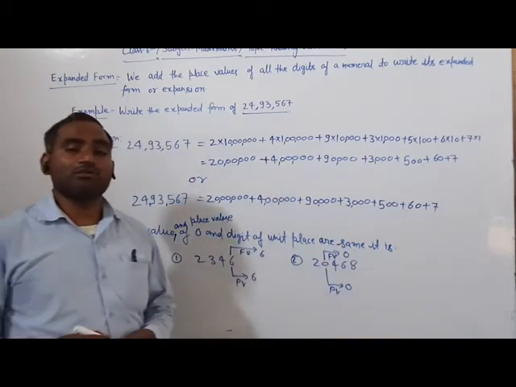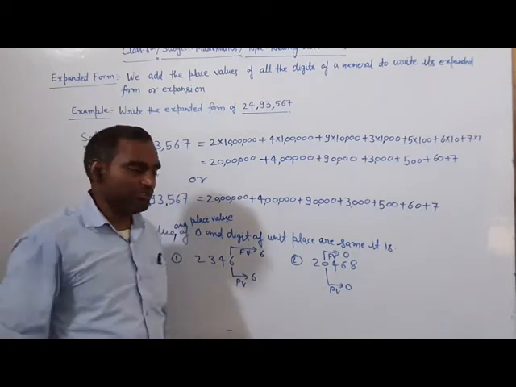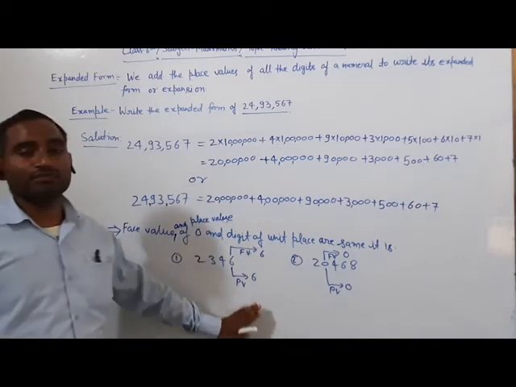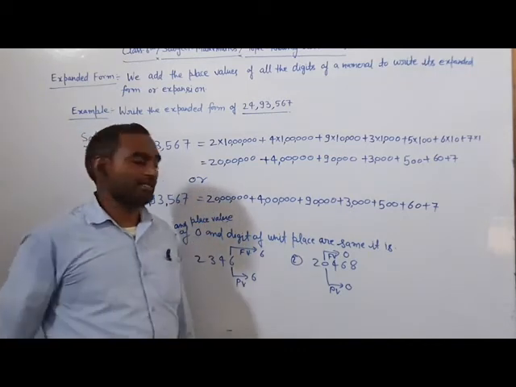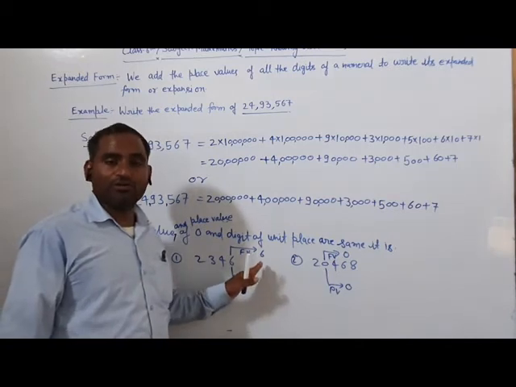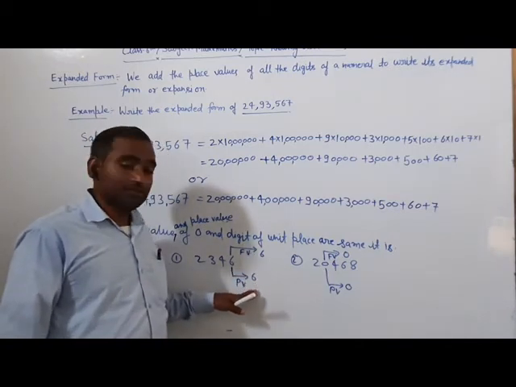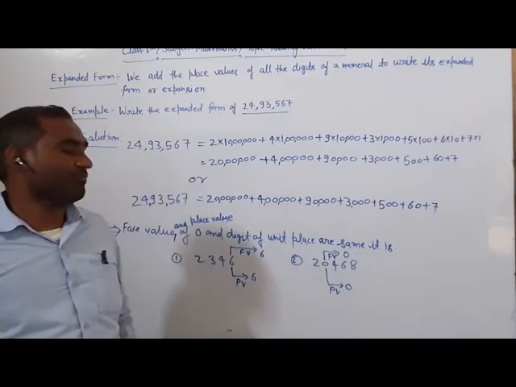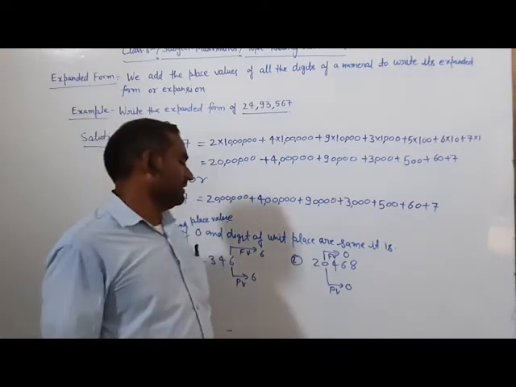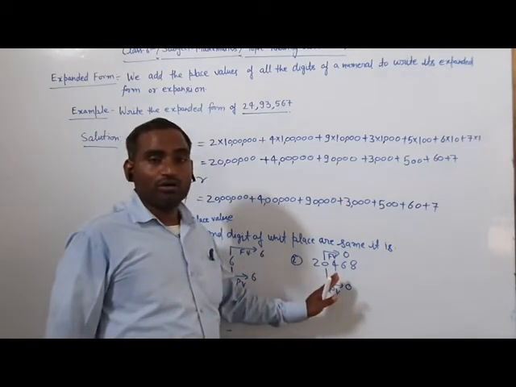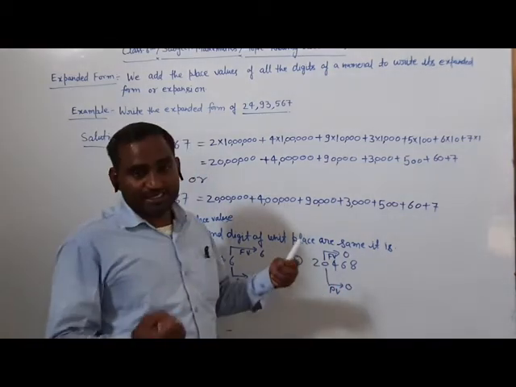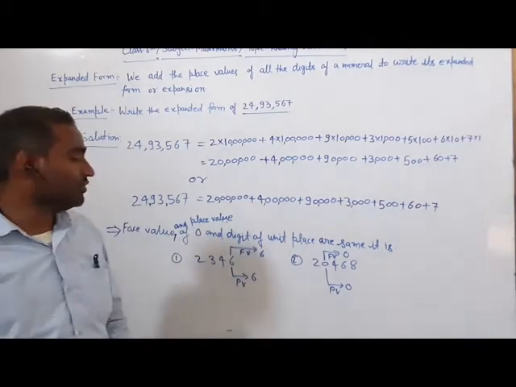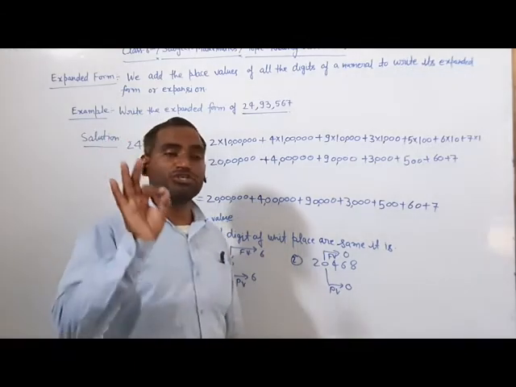So the place value and face value of 0 is 0, and the place value and face value of the unit place are also the same. In the same way, wherever 0 is in a numeral, the face value and place value are both 0.